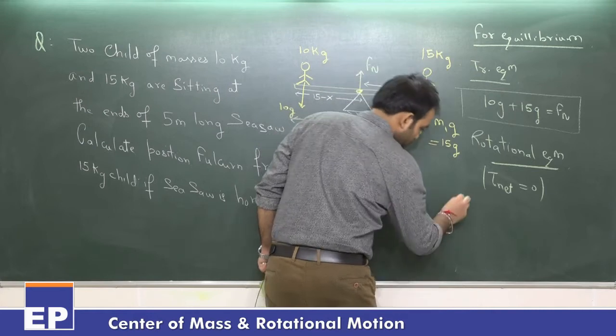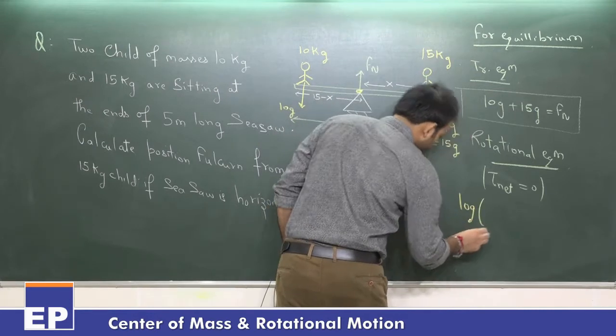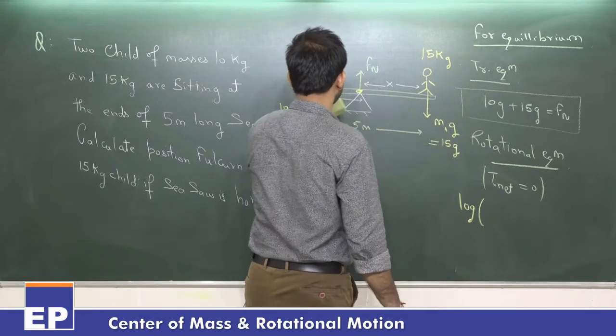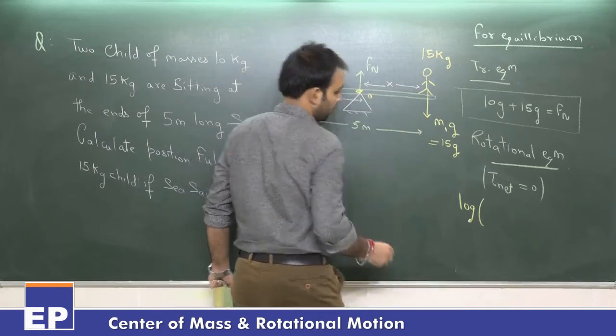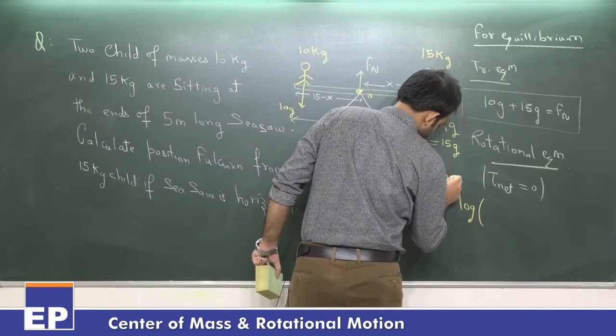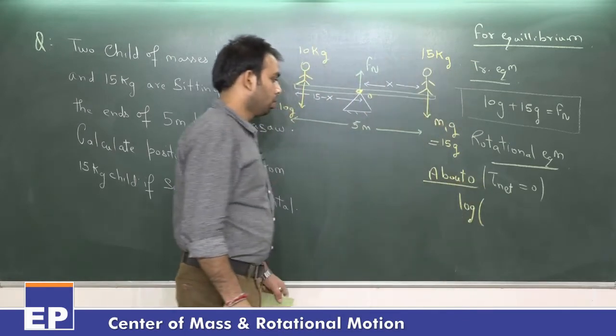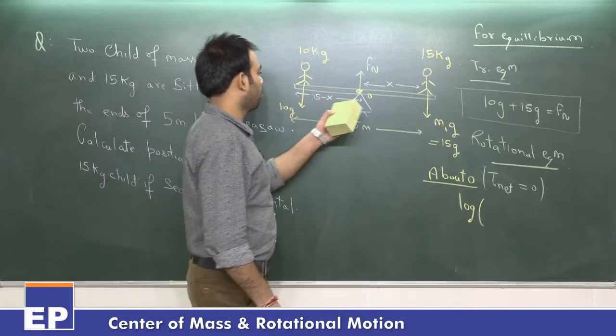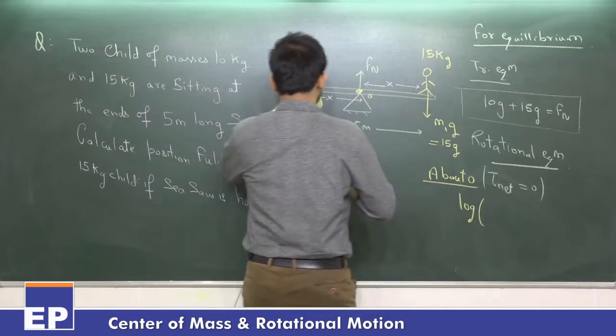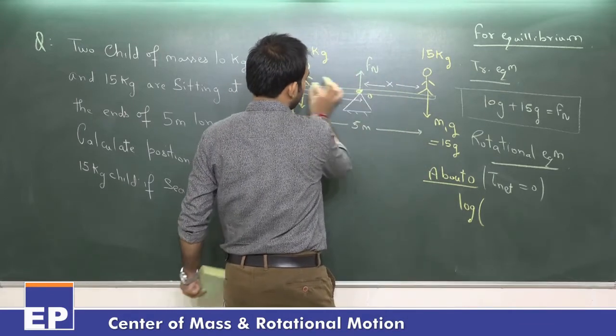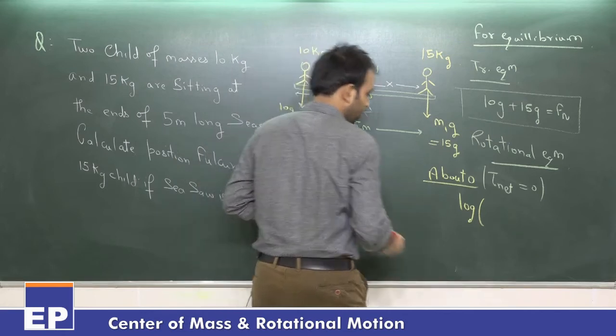What will be the torque of 10g? 10g into lever arm. What is the perpendicular distance? About O we are writing. That is 10g and what will the lever arm be? Perpendicular distance 15 minus x. Because if I extend this, this is a 15 lever arm. That is 15 minus x.